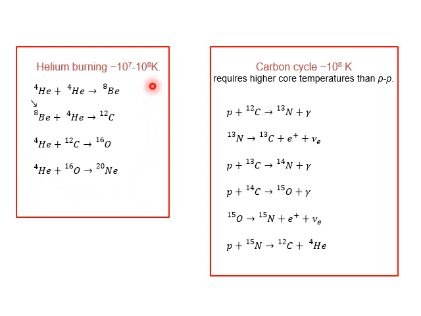But in a typical star, this process can occur, and so a typical star, towards the end of its life at least, can produce beryllium, carbon, oxygen, neon, for example. But the abundances of these elements are going to go down as we move to heavier and heavier nuclei.